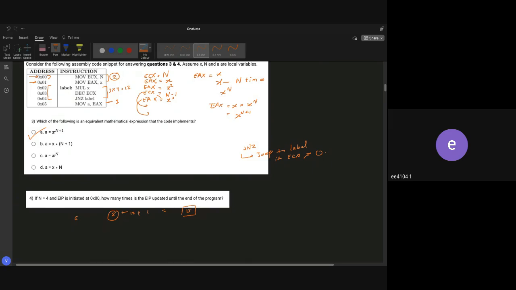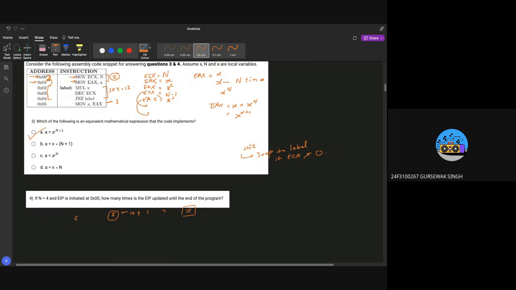Is it clear? Can you explain why 2 at the top? Because we have 2 instructions before this loop, right? So first this instruction will be performed and then the second instruction, right? But EIP is already at 0, right? Yeah, but it will be updated. It will move from 0 to 1 and then from 1 to 2.